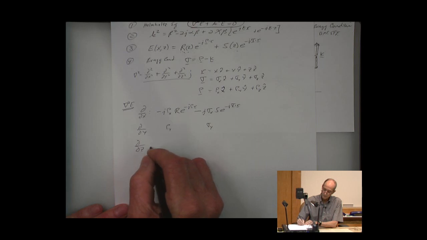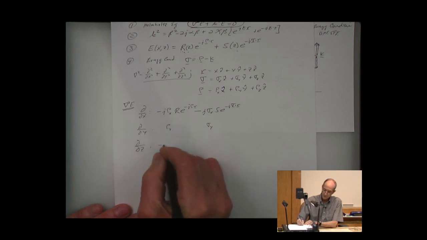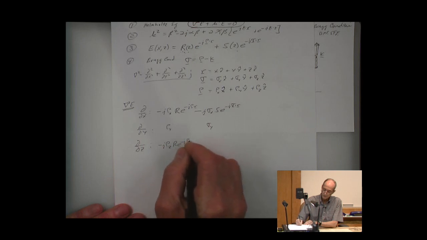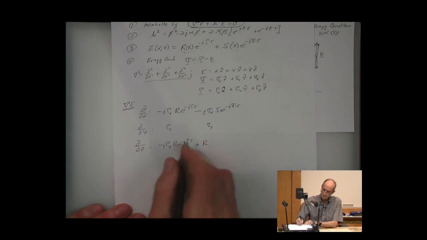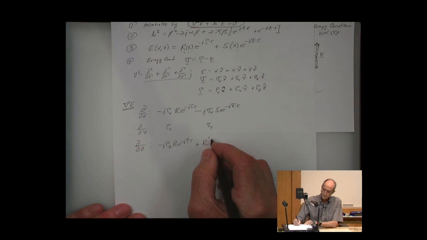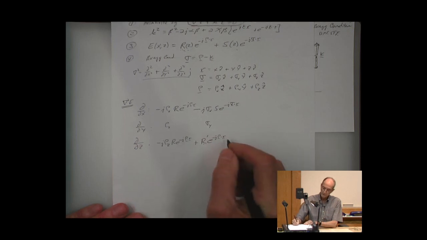So here we have minus j rho sub z r e to the minus j rho dot r plus, now we take, so that was the same as here. Now we have to differentiate the amplitude. So we have r prime e to the minus j rho dot r.